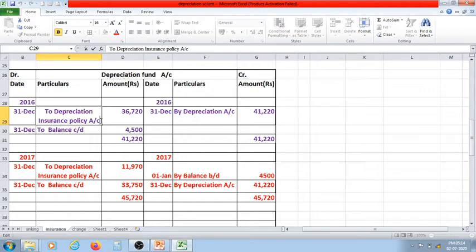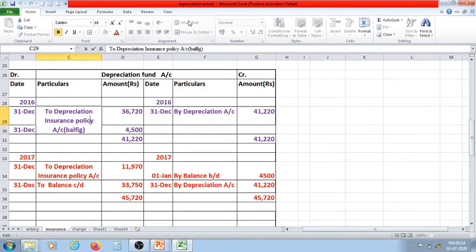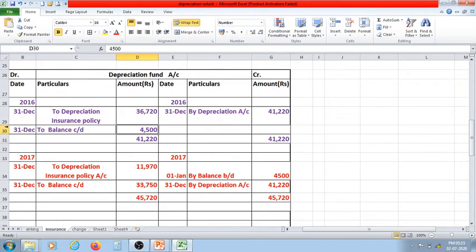So it becomes the journal entry: depreciation fund account debit to depreciation insurance policy account, and it is a balancing figure. The difference in the ledger account is 36,720.